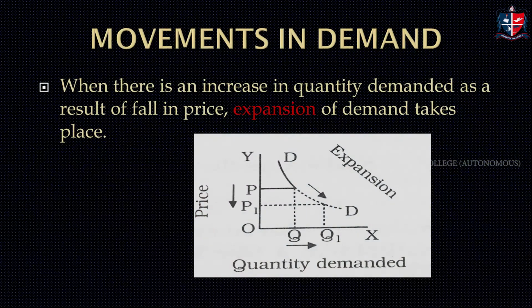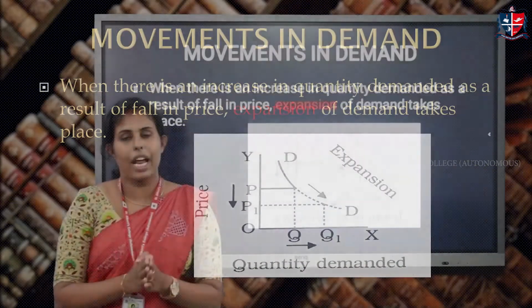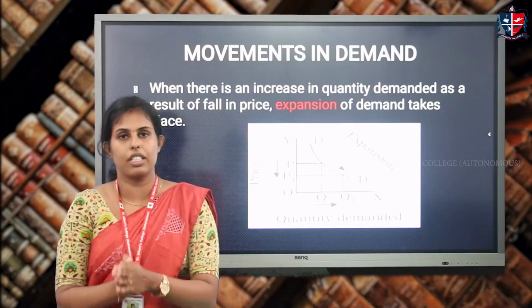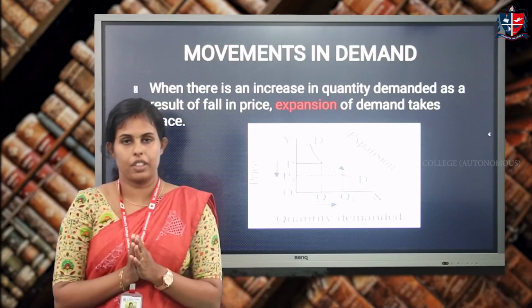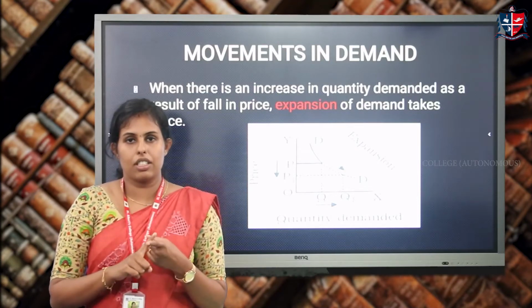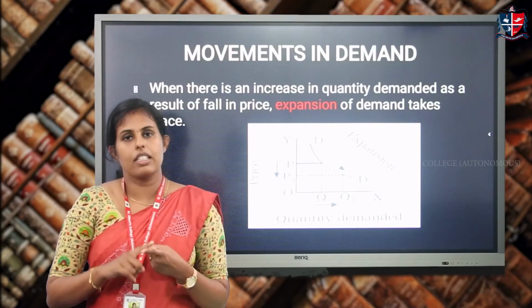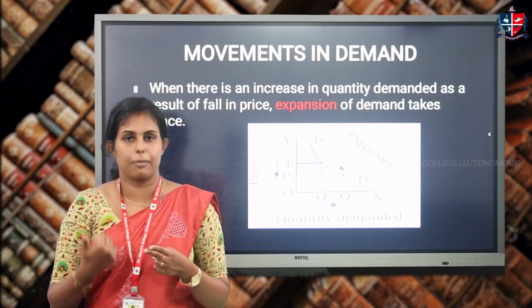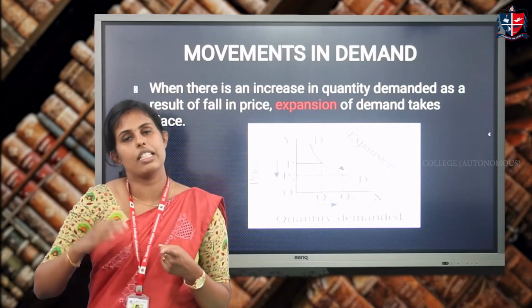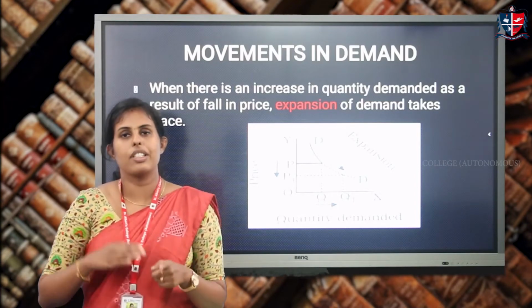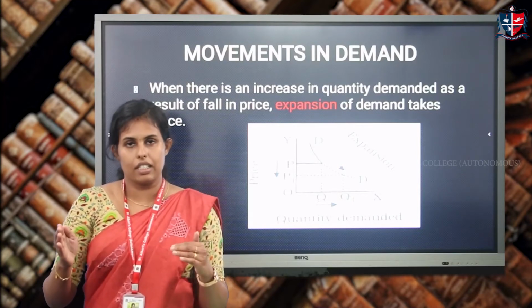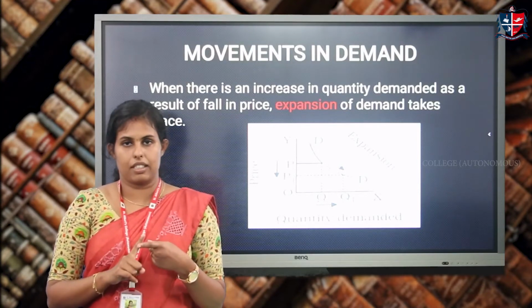Next, we will move to the movements in demand. The price is a significant factor which determines the quantity. When the price changes, the quantity also changes. This causes expansion and contraction to take place. When the quantity increases as a result of a price decrease, expansion takes place.